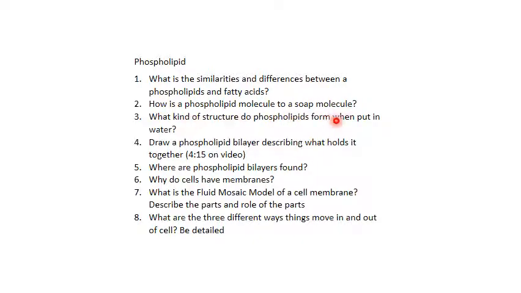What kind of structure does it form? It forms a bilayer, where the tails line up. The ends of the tails interact through London dispersion forces, and the sides of the tails interact side to side through London dispersion forces, and the heads interact with the water through dipole-dipole.